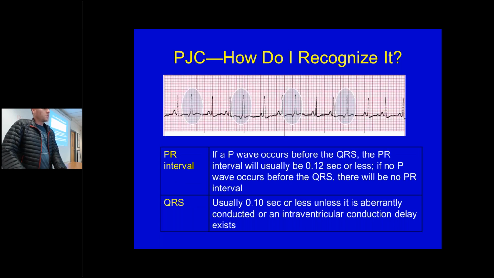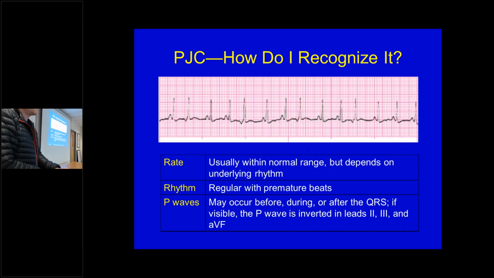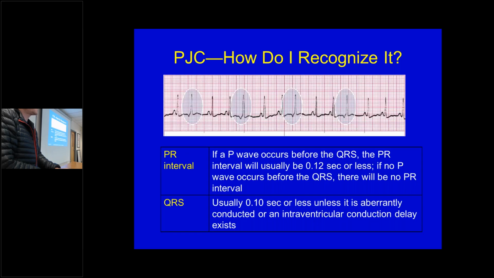All right, check it out. You can come talk to me later. So you guys were able to identify all those PJCs, right? In that trigeminy type rhythm. So these are the rate, rhythm, P waves, PR interval, QRS.